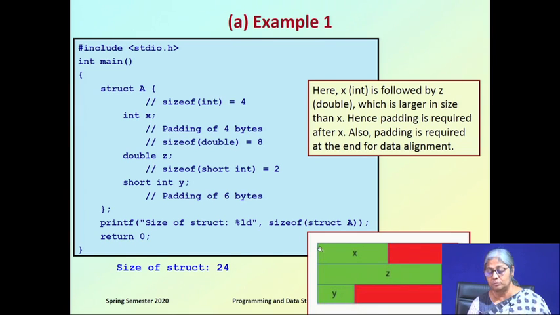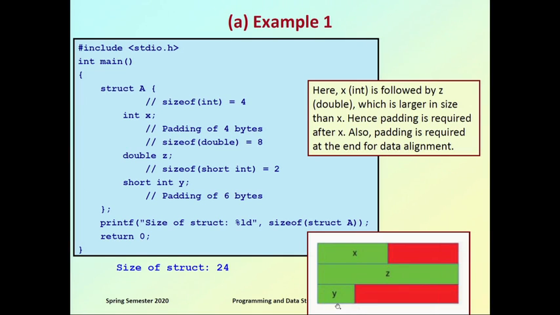That means, when it is read like a.x, a.z, a.y, every time it will start from an aligned position. So it is padded like that.